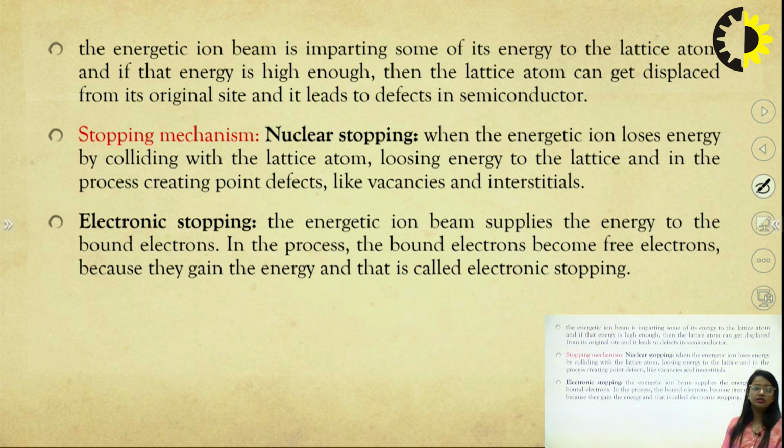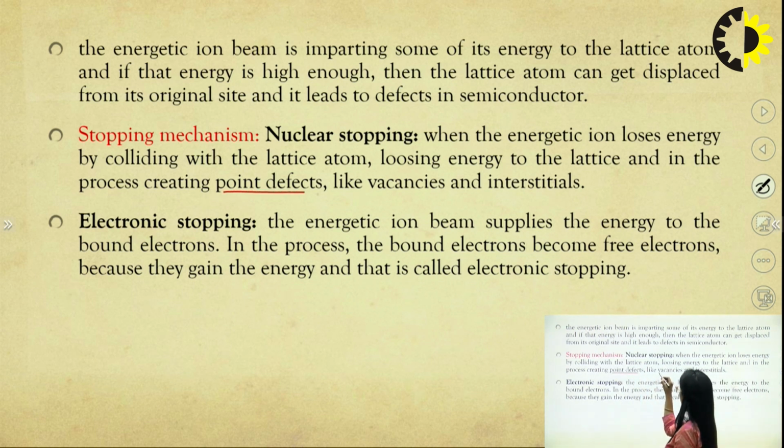Now we have to see what the stopping mechanism is. In nuclear stopping, the energetic ion loses energy by colliding with the lattice atom, losing energy to the lattice and in the process creating point defects, that is vacancies and interstitials.